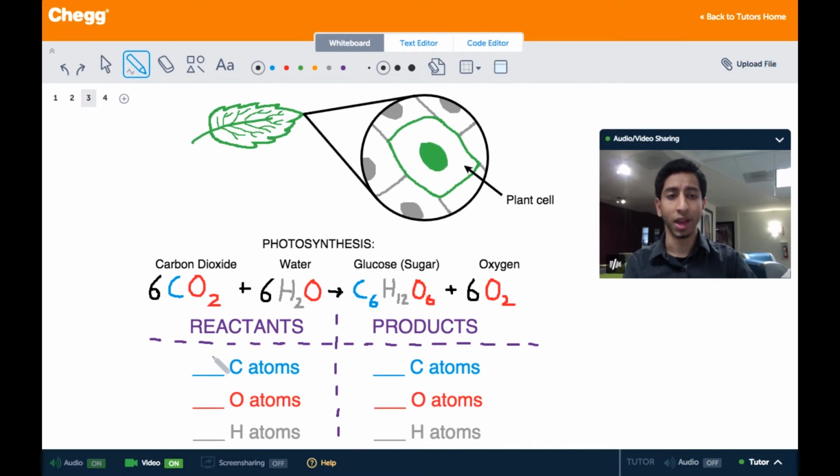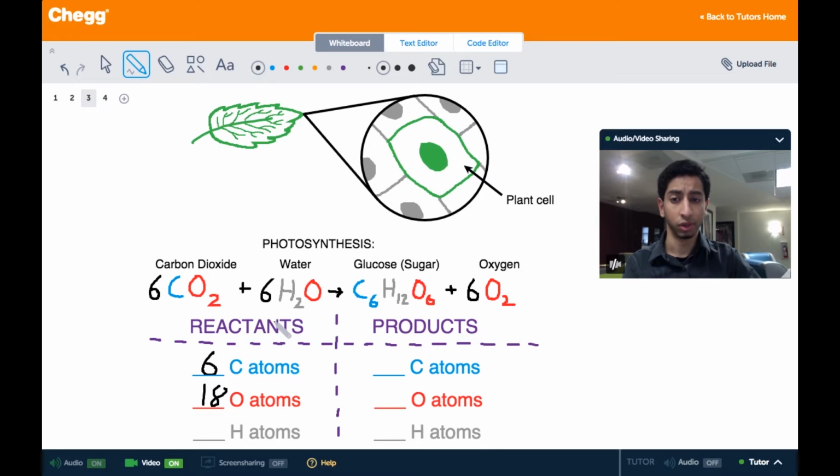So if we look at the reactant side, we see that we have how many atoms of carbon? Well, we have 6 because we have 6 molecules of CO2, which means 6 atoms of carbon. How many atoms of oxygen do we have? Well, we have 6 times 2 from the carbon dioxide plus 6 from the water, so we have a total of 18.